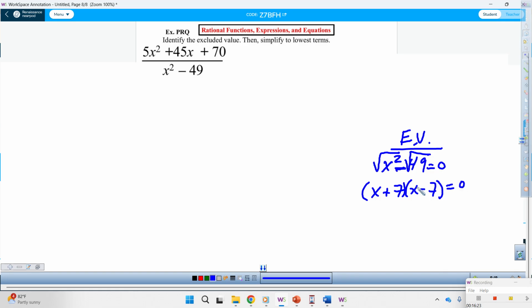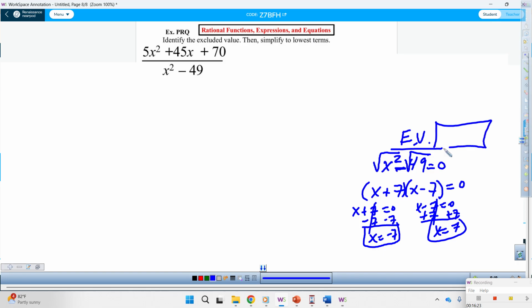From there, set each one of these equal to 0 and solve. So, minus 7, x equals negative 7, plus 7, x equals 7. So my excluded values are negative 7 and 7.